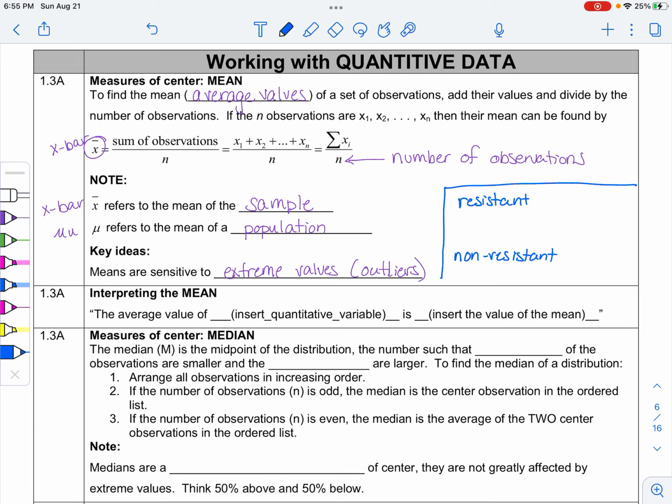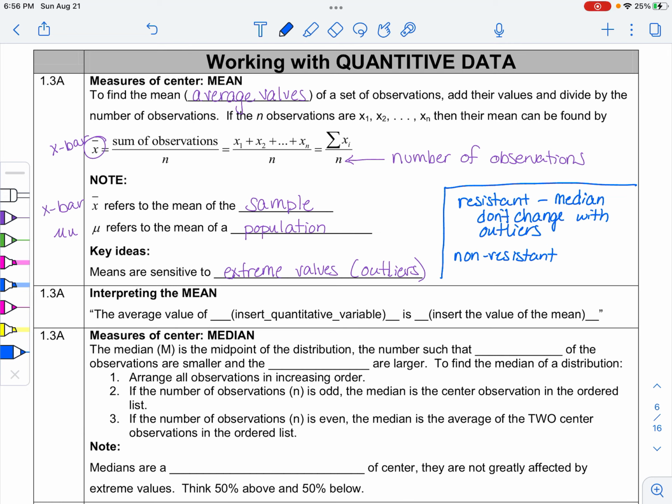You are resisting something. You don't want to change. So resistant typically would be your medians. Those are not affected, or not affected very much, by extreme values, whether they're high outliers or low outliers. So they don't change with outliers.